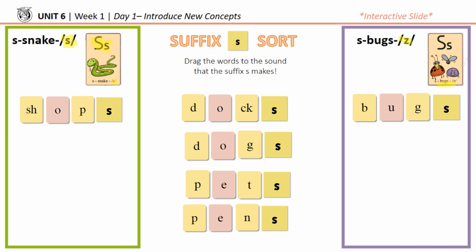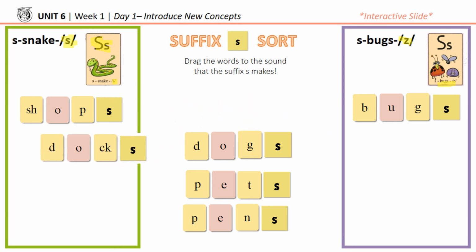All right, let's begin. The first word is docks. Docks. Where should we put docks? Should we put it with the s as in snake, or the s that sounds like the z? If you said the s, you are correct.